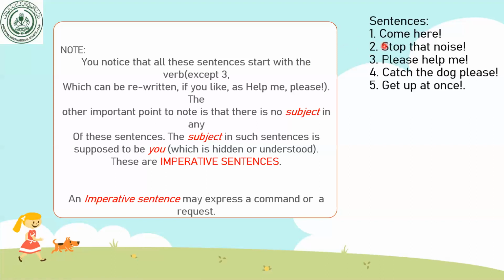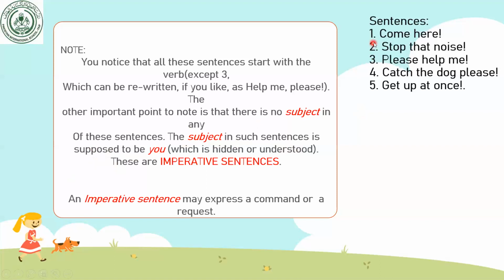Come here, stop that noise, please help me, catch the dog please, get up at once. There is no subject present in these sentences. The subject in such sentences is supposed to be you. You is the hidden or understood subject.